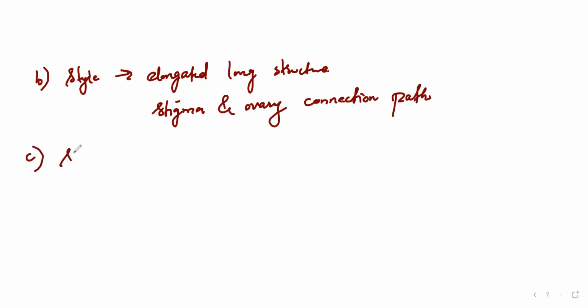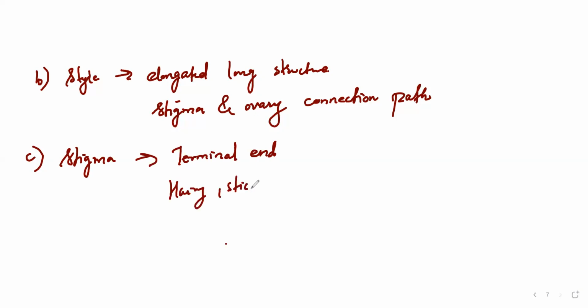And the third one is stigma, which you will find at the terminal end, having a lot of hairy or sticky things. So that whenever the pollen grain falls on the stigma, it gets trapped.